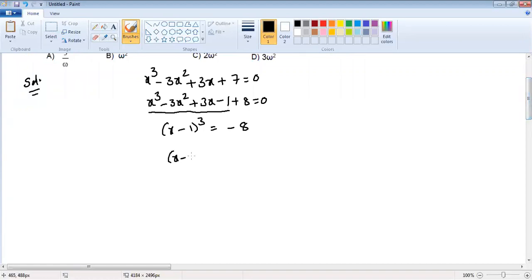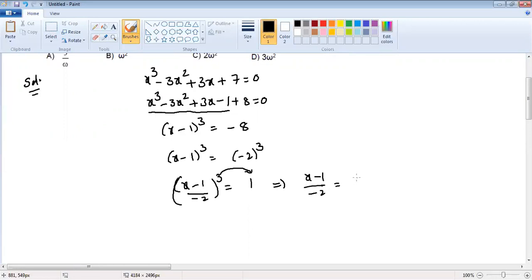I can write minus 8 as (minus 2) whole cube. So x minus 1 whole cube by minus 2 whole cube is equal to 1. If you send the cube to the other side, it becomes (x minus 1) by minus 2 is 1 power 1 by 3.